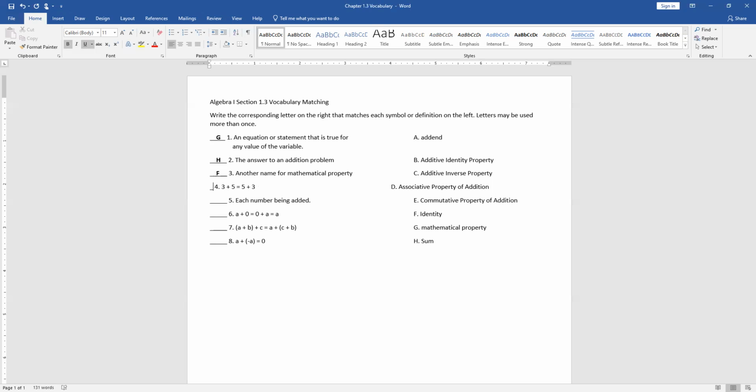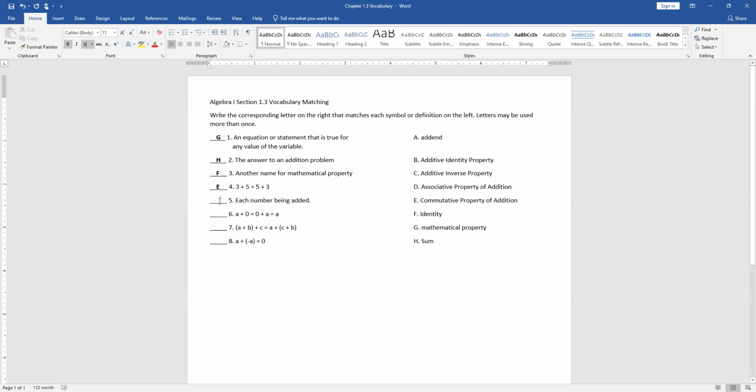So commutative property is when the different numbers in an addition problem sort of move location, because you can switch them around. It doesn't really matter. Your answer will still be the same.